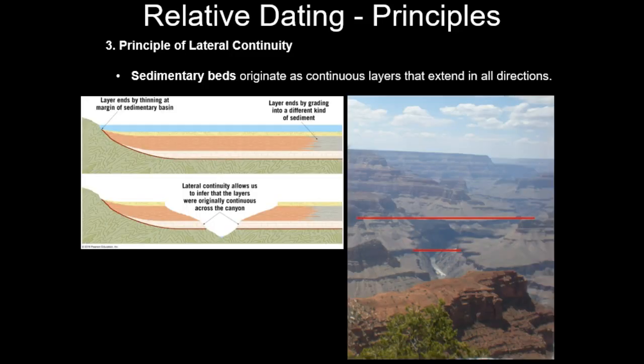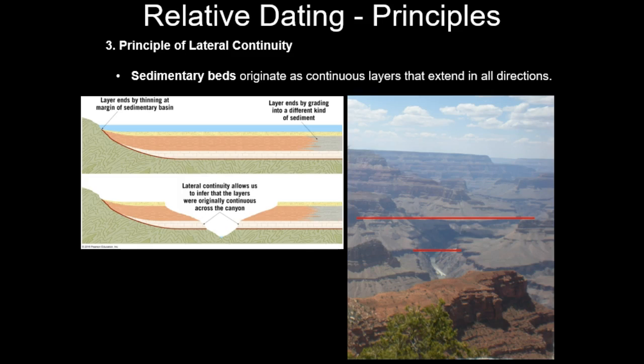The third principle is the principle of lateral continuity. And this principle refers to the fact that sedimentary beds originate as continuous layers that extend in all directions until they eventually grade into either a different type of sediment or until they thin out at the edge of some basin of deposition. So, using the 2 different figures that we see above, we can see this principle exemplified quite well.